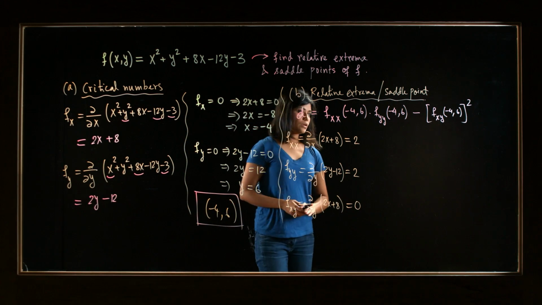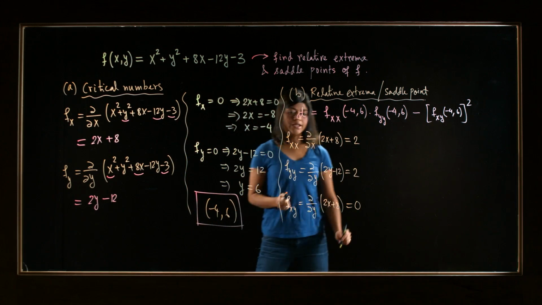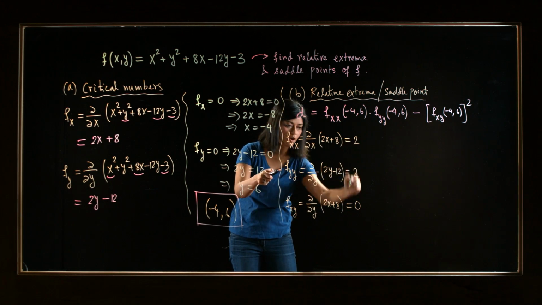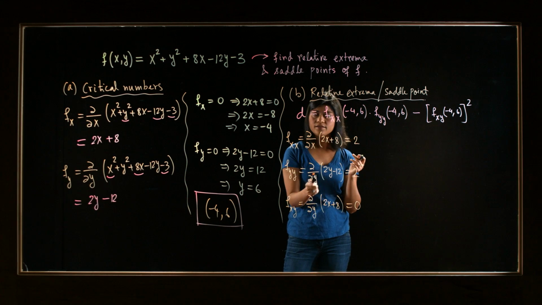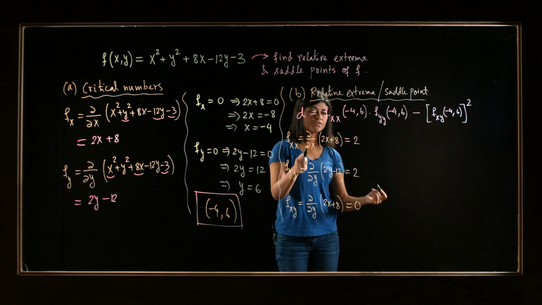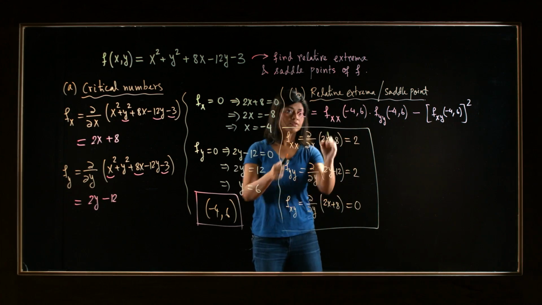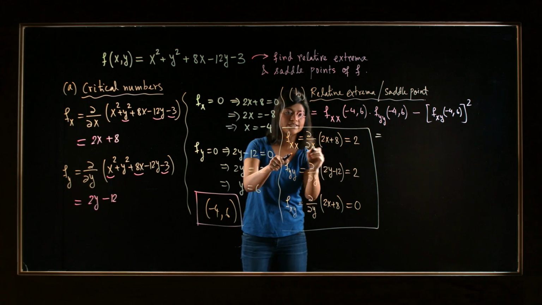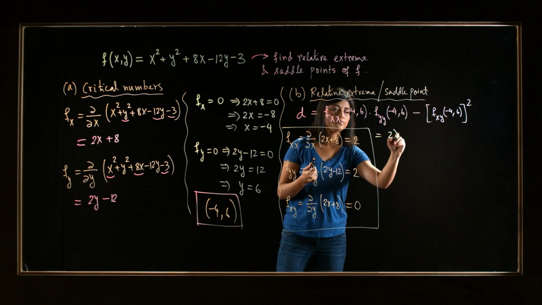Okay, now let's go back to our d, and notice that all these second partial derivatives are constants. So whatever critical number you plug in, you will always get that constant. So to compute d, what is fxx at (-4, 6)? fxx is always 2, so at that point it's still 2.